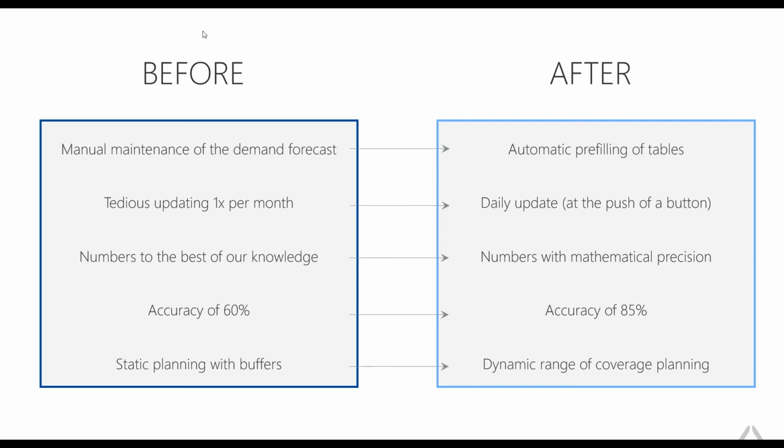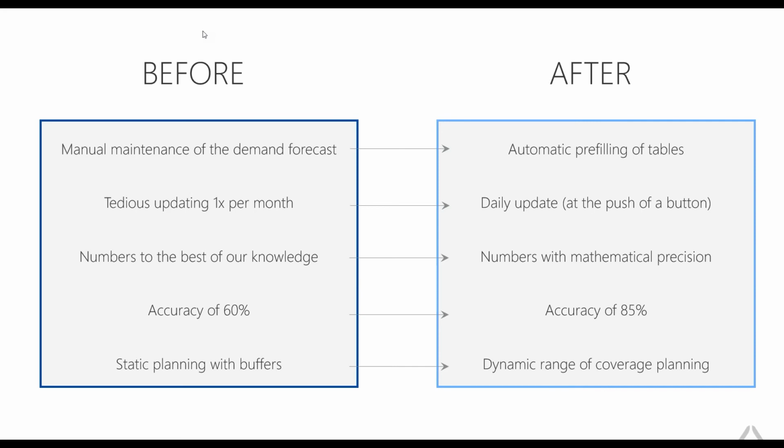Moreover, you have numbers with mathematical precision, since, as I showed you, we take the trend of the product into account, we take seasonalities into account, we take outliers into account, and so on. And that's why, of course, depending on data and so on, there are customers where we achieve an accuracy of more than 85%.